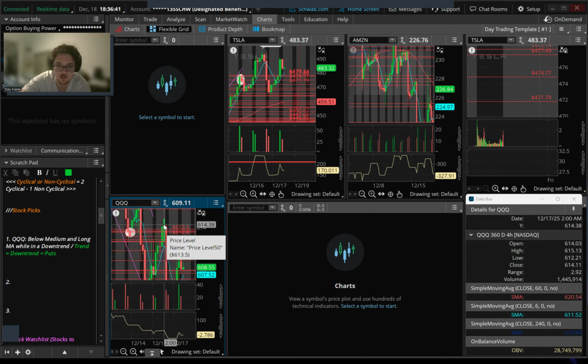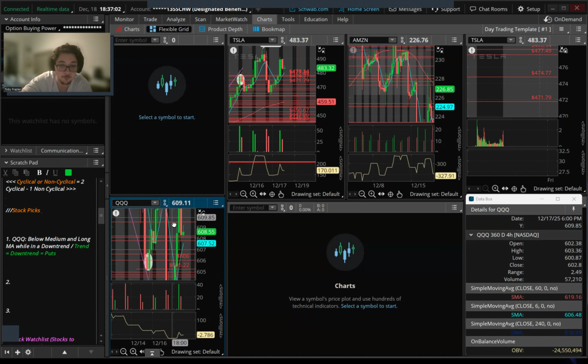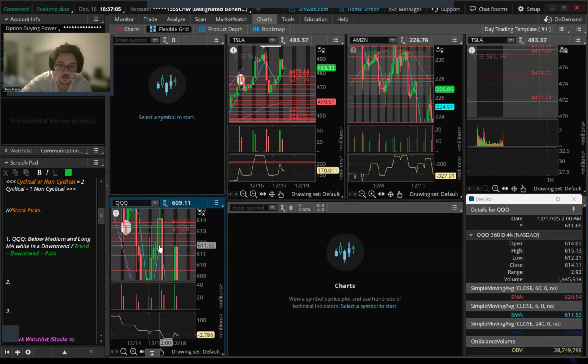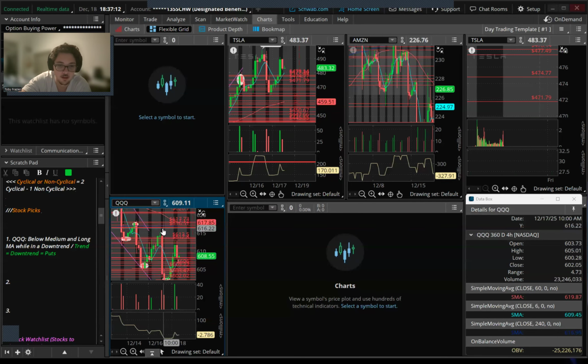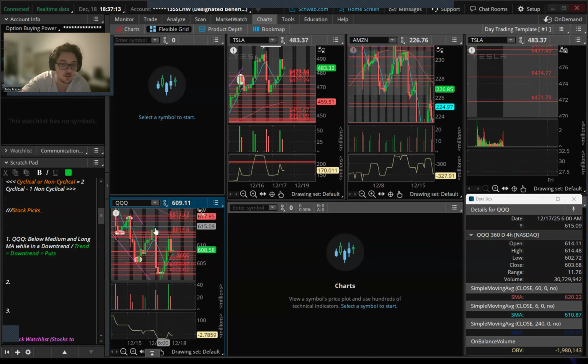Right here we got a close at 11 cents, and then right here a close at 11 cents, and then open at 11 cents, so no swing high. So we'll see how that goes.